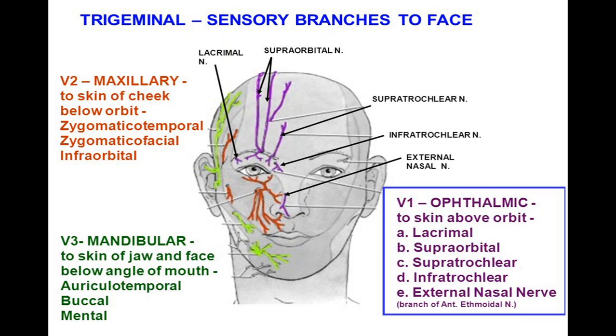Okay, so these are the only two functional components associated with the trigeminal nerve. So no autonomic fibers are functionally associated with the trigeminal nerve. All those autonomic fibers actually belong to the 7th and 9th cranial nerves.